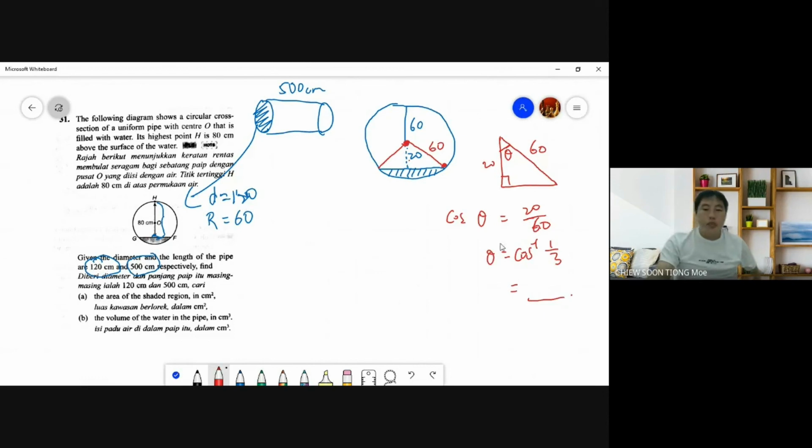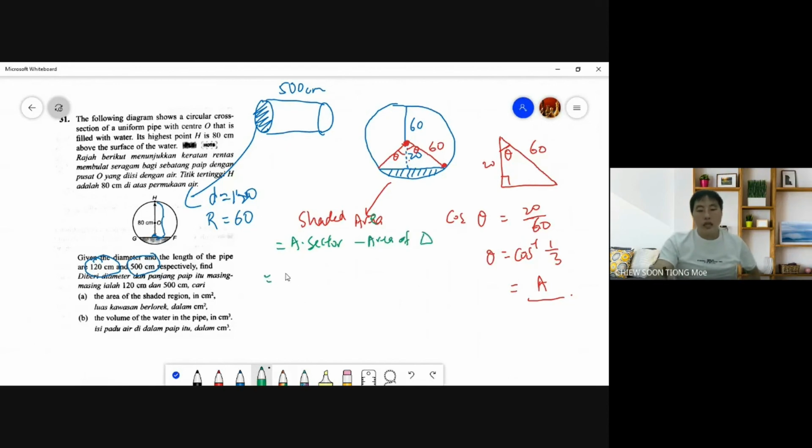For example, it's A. Later you press the calculator and show me. So we have to get theta here, also theta. The shaded area equals the area of sector minus the area of triangle.